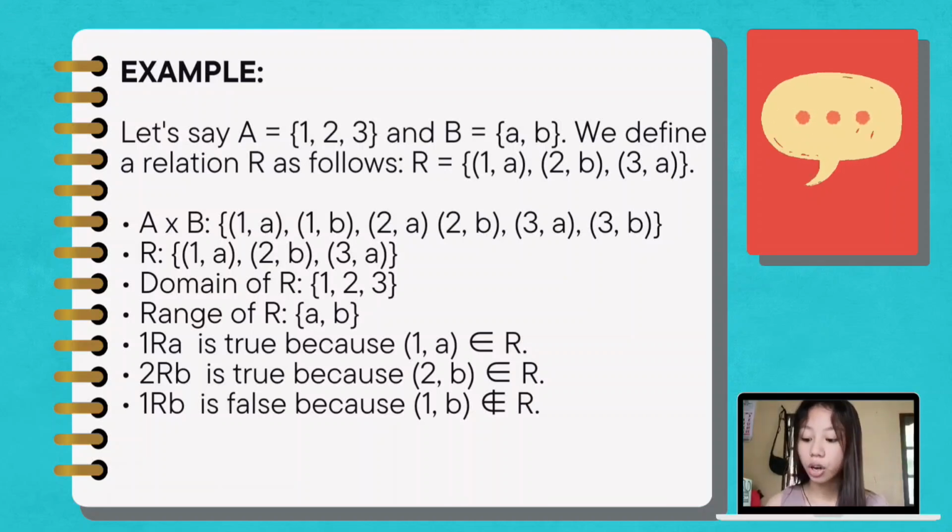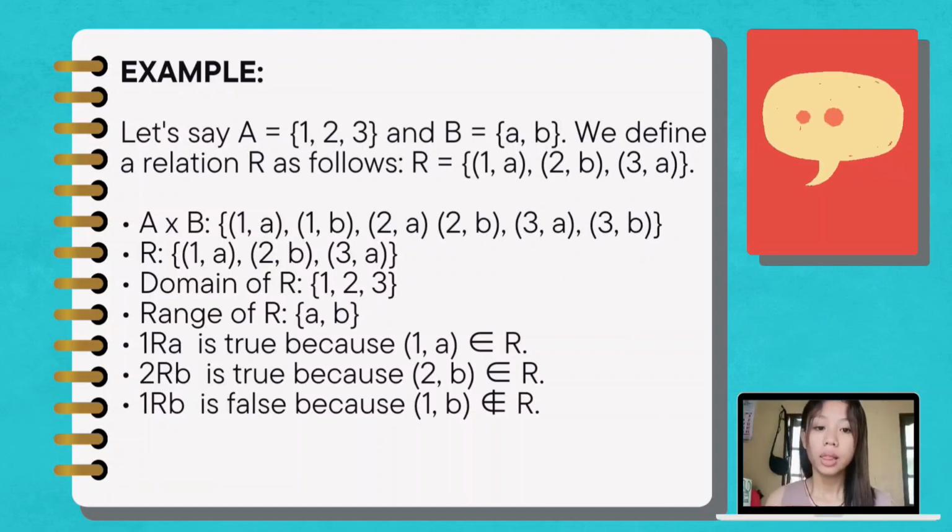And its relation is (1,A), (2,B), and (3,A). The domain is the first element in the ordered pairs, which is 1, 2, and 3. And the range of R is the second element of the ordered pairs, A and B.